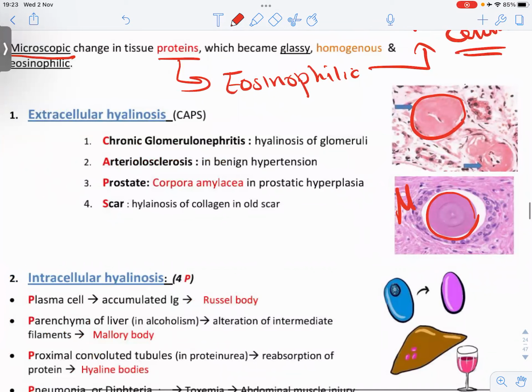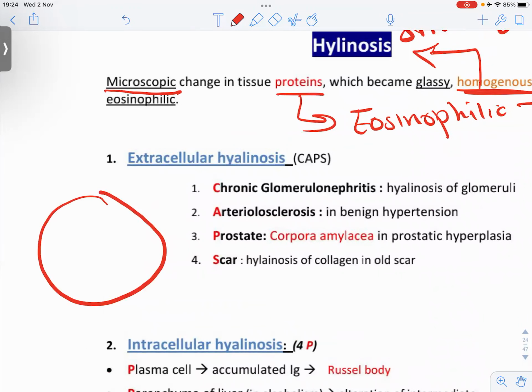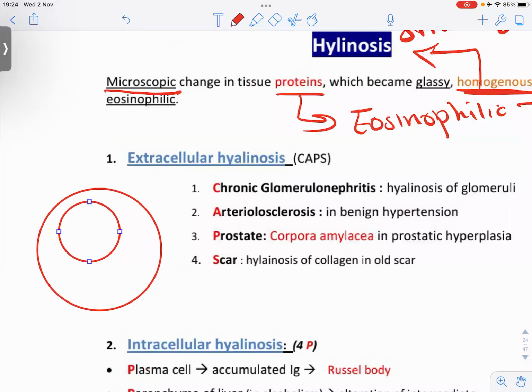And it's a very important MCQ. And we said, of course, that when protein starts to accumulate it will be homogeneous. Homogeneous means structureless. There's no clear structure. Why? Because this is the cell nucleus, and here it's protein. It's the normal structure.